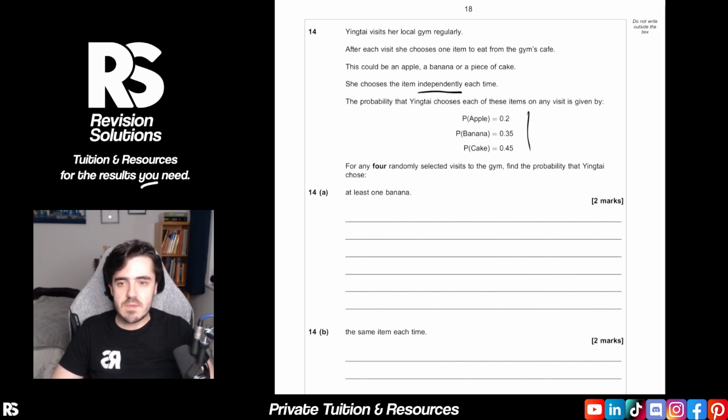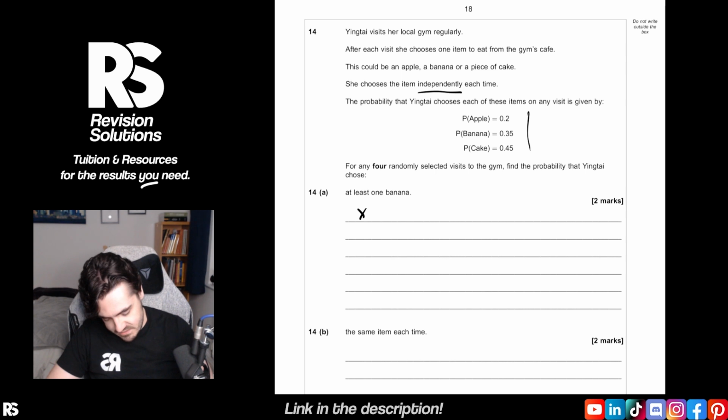So this is going to be a binomial problem with counting a discrete set of events. If I say x is the number of bananas chosen, then x would have a binomial distribution with a sample size of 4 and a probability of picking a banana of 0.35. So we're going to calculate the probability of at least 1 banana.